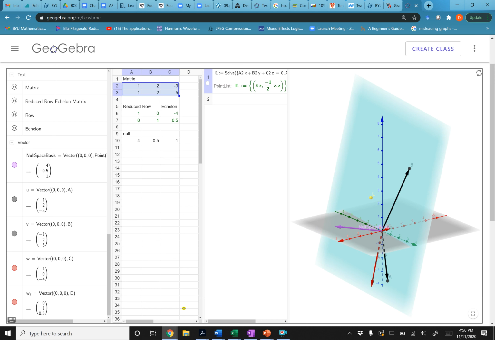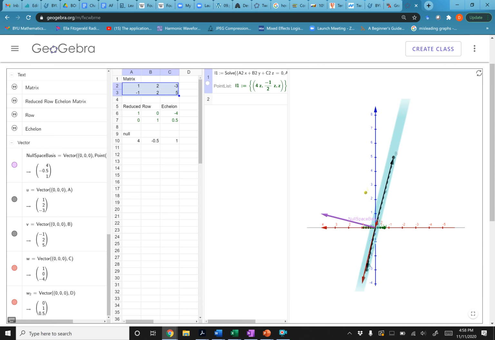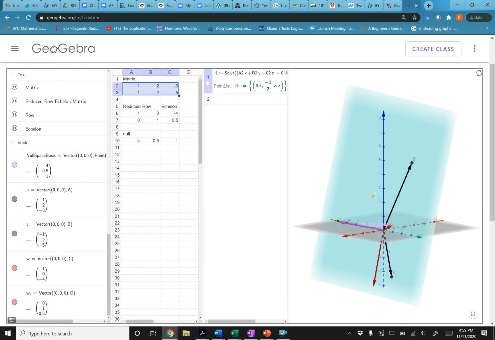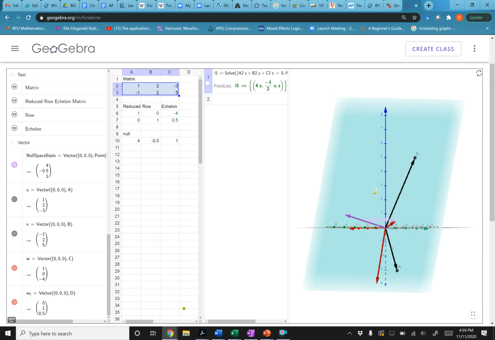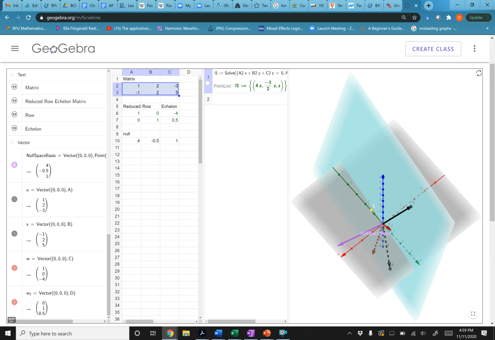And if you row reduce, then you get two other vectors. And remember, we had a theorem that said row operations don't change the row space. They might change the column space, but they don't change the row space. And the red vectors are the row reduced ones.